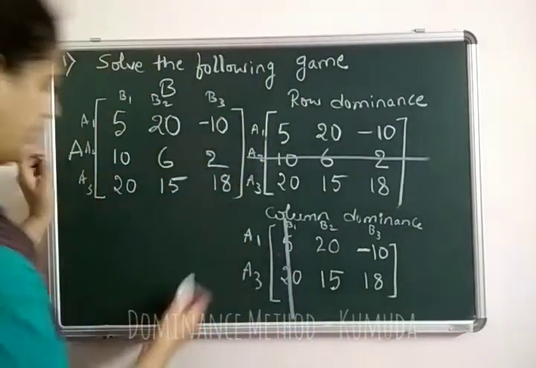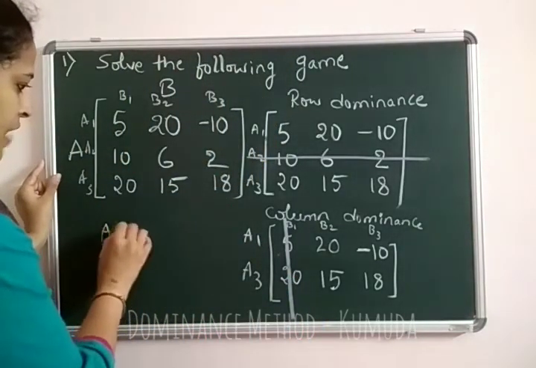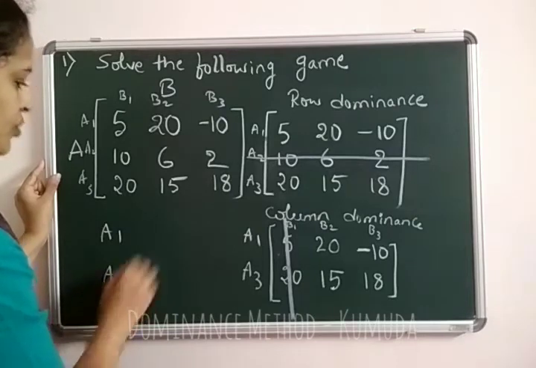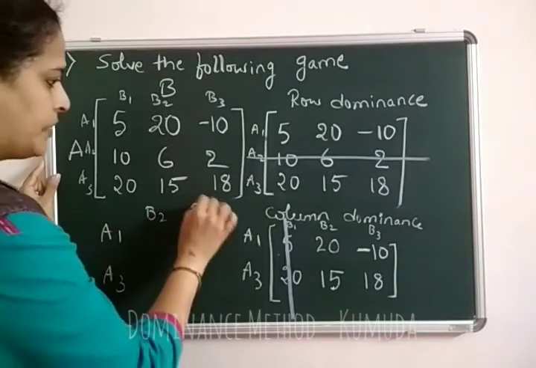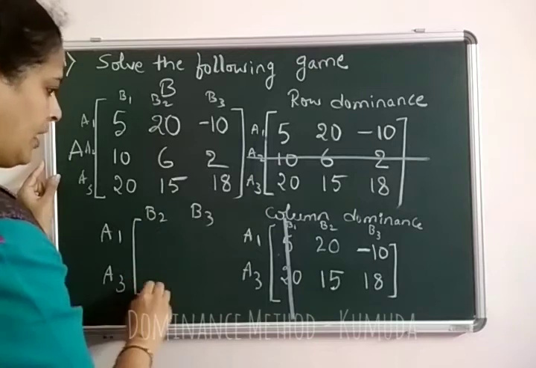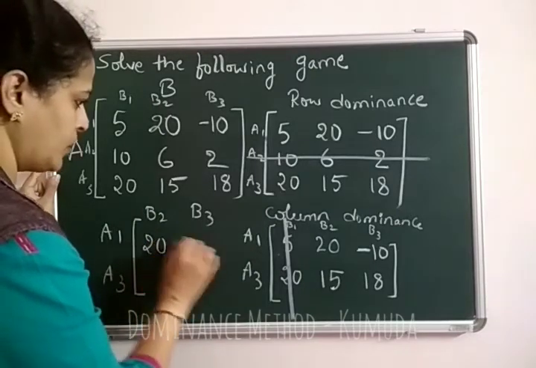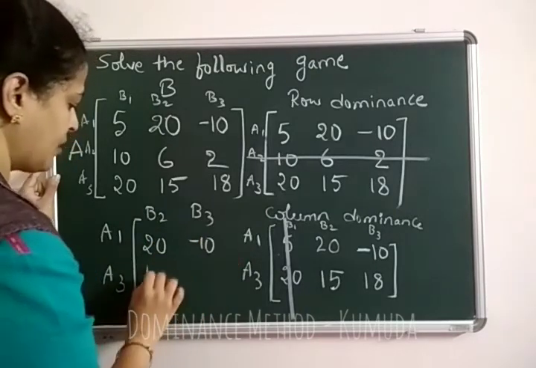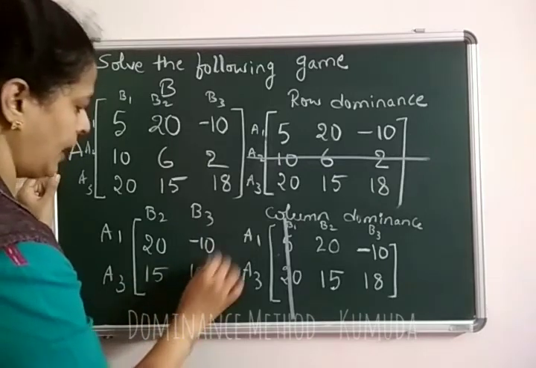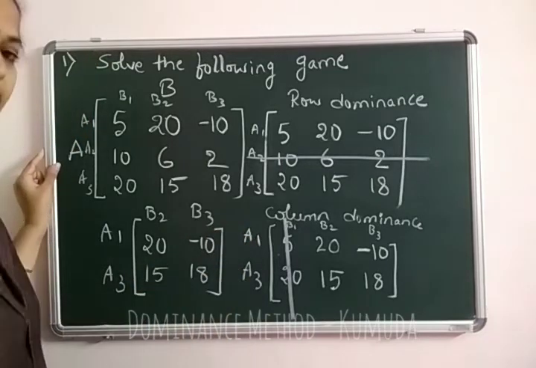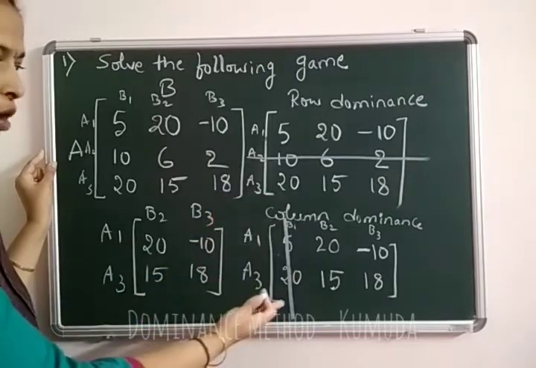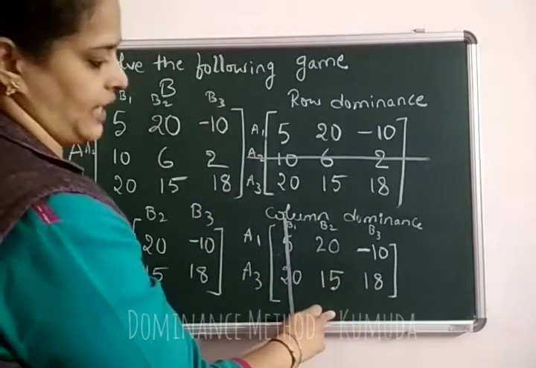So the resulting matrix will have A1 and A3 as the rows, B2 and B3 as the columns, and the elements would be 20, minus 10, 15 and 18. So after the steps of row dominance and column dominance, no more column dominance can happen here also.